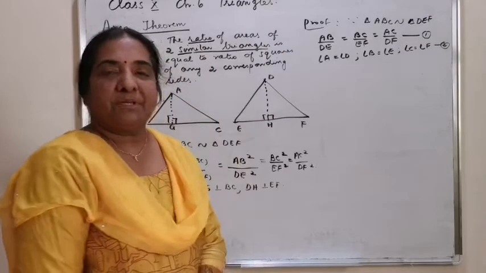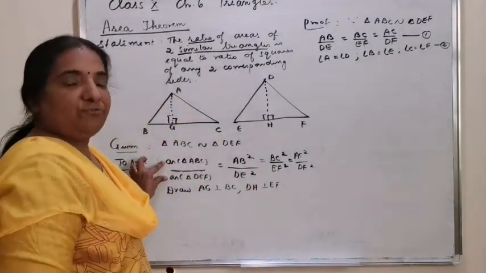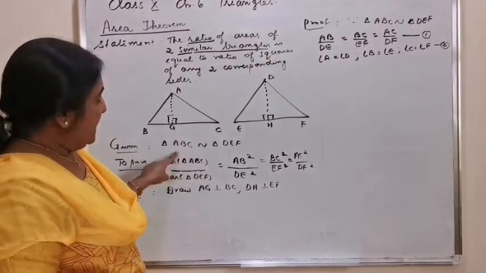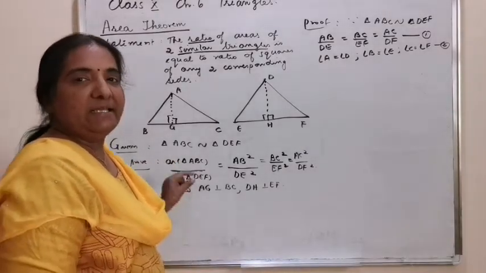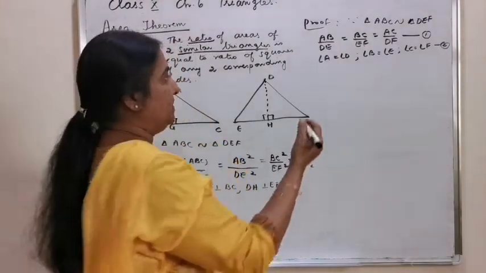Equation number 2. Now, starting with the left side of to prove, area of triangle ABC by area of triangle DEF, by the concept of half into base into altitude.